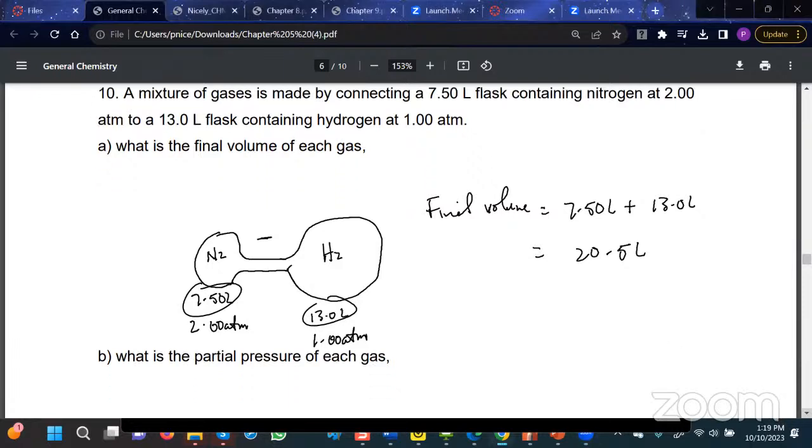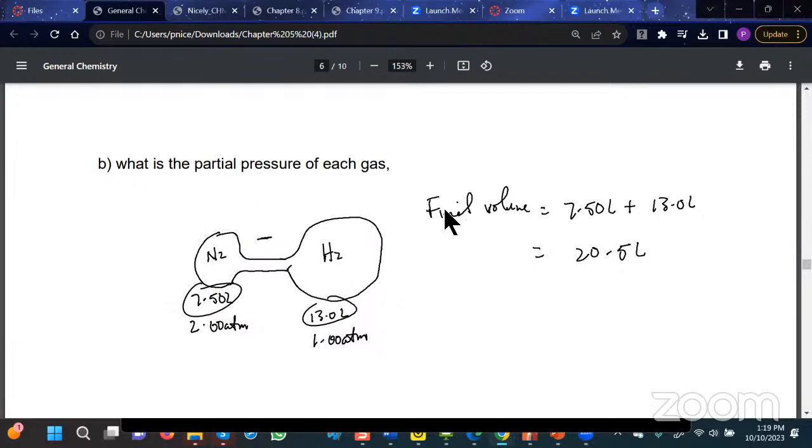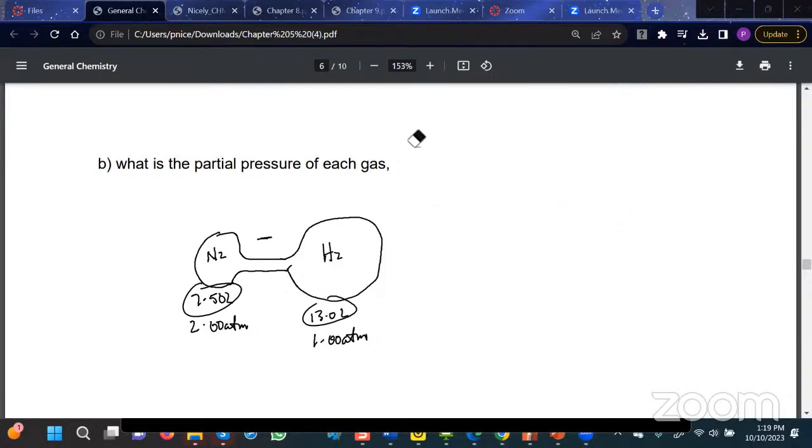Now the B part is asking for the partial pressure of each gas. So the assumption is the partial pressure of each gas upon mixing, all right? So, erase this here. Let's think about what's happening in the case of each gas, right? If you focus on the nitrogen here, I'm just going to write here, for nitrogen.